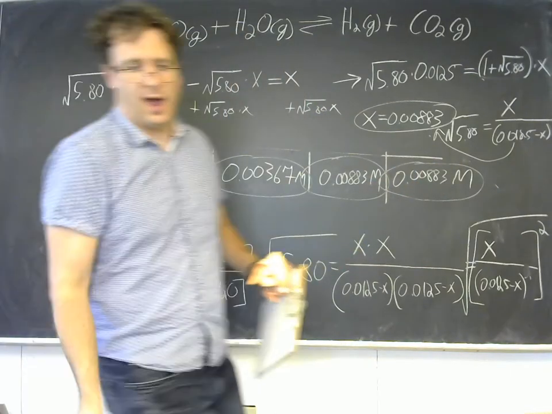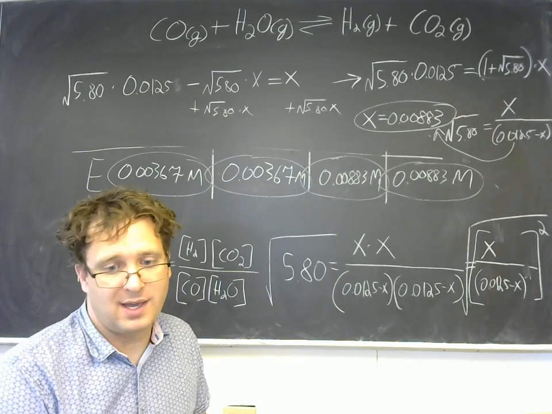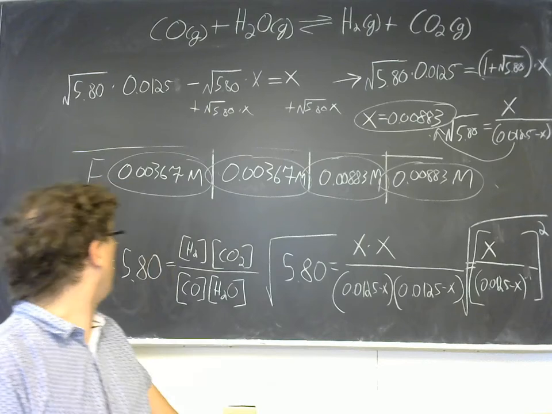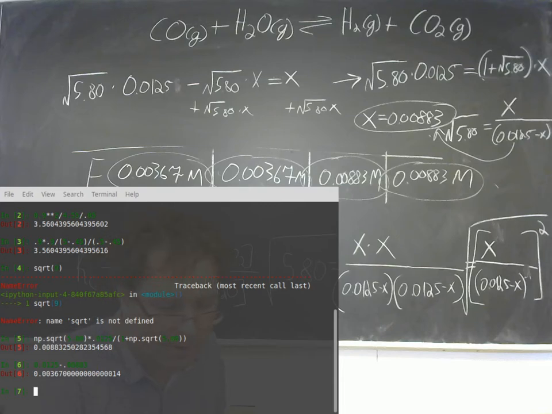And if we like, we can go back and double check this. Does the equilibrium expression equal 5.80 as it should? So we'll take 0.00883, the concentration of hydrogen, times 0.00883, the concentration of carbon dioxide, divided by 0.00367, the concentration of carbon monoxide, divided by 0.00367 again, the concentration of water.